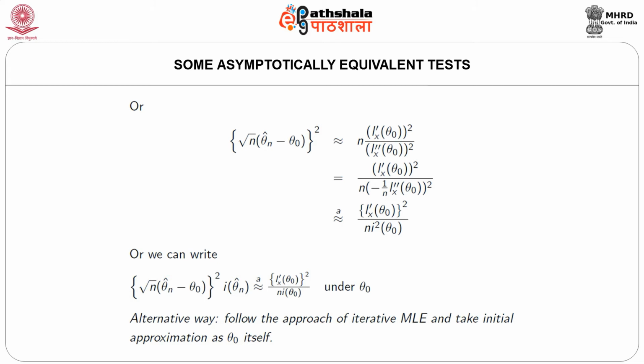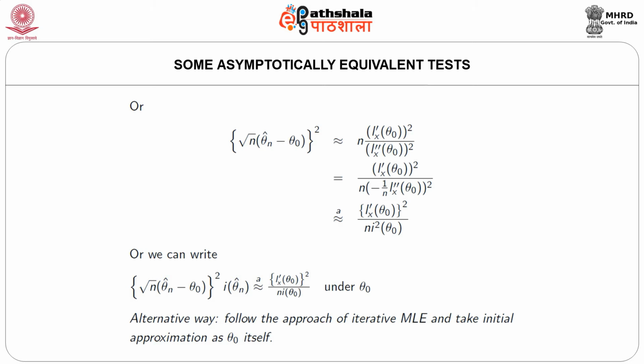is approximately equal to n times small l_x prime(theta naught) square by small l_x double prime(theta naught) square. That is equal to small l_x prime(theta naught) square by n times (minus 1 by n times l_x double prime(theta naught)) to the power 2, which is asymptotically equivalent to small l_x prime(theta naught) whole square by n times I(theta naught) square, where I is as usual the Fisher's information.